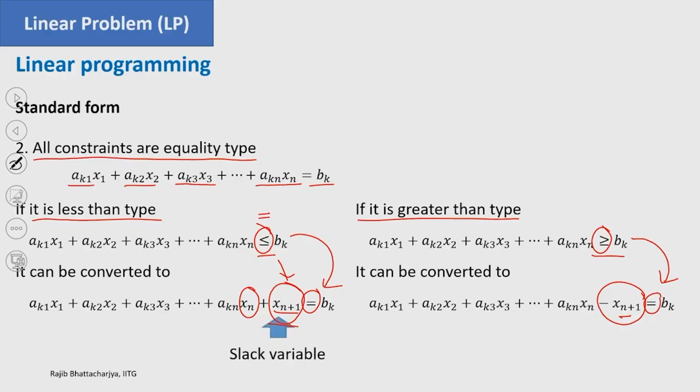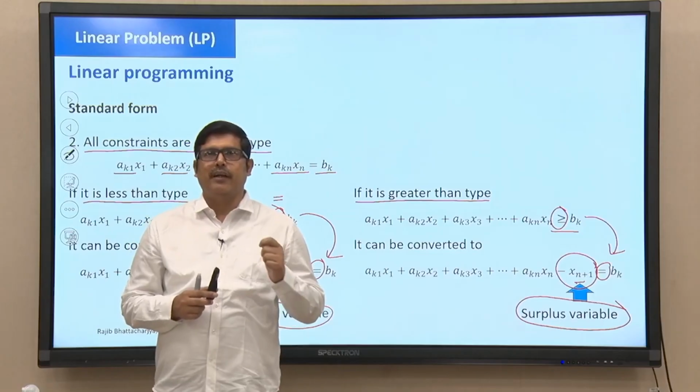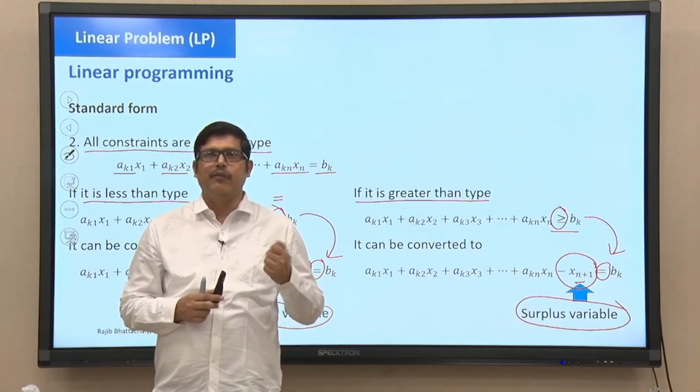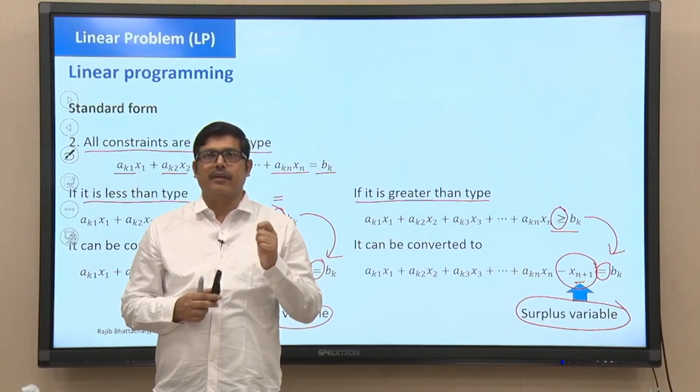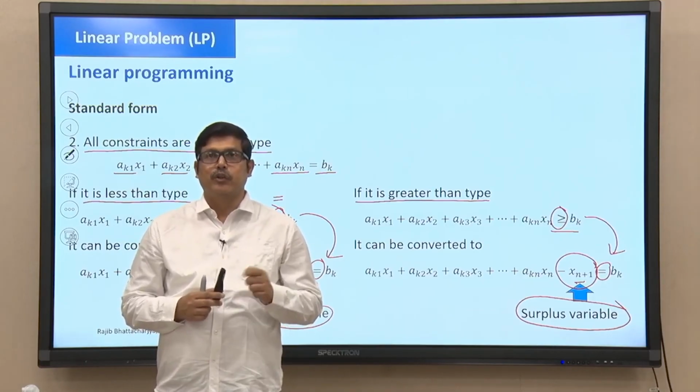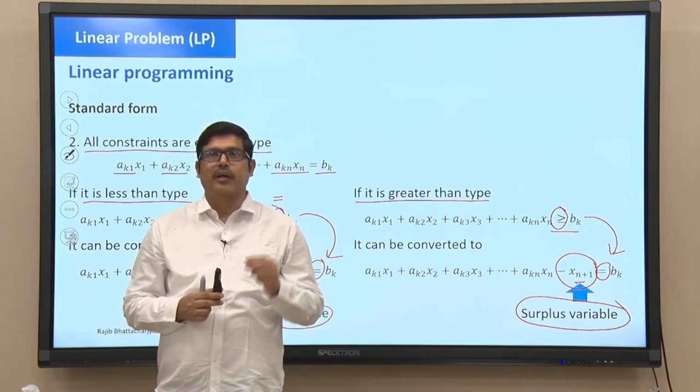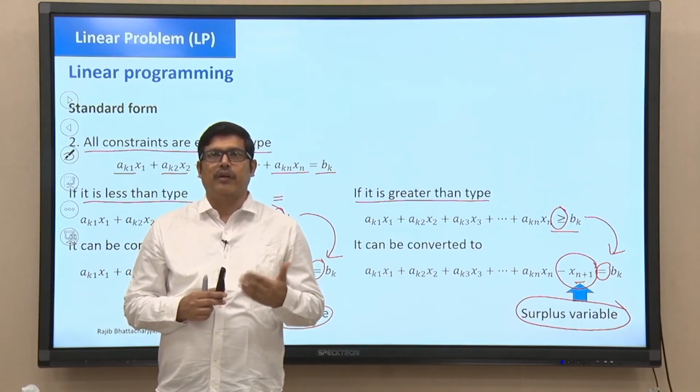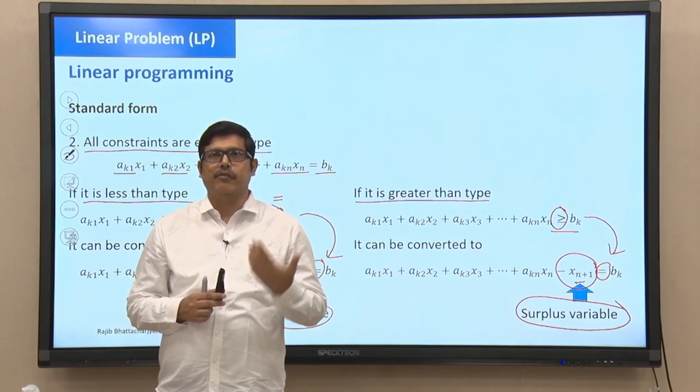When you are adding a variable, it is known as a slack variable, and when you are subtracting a variable, it is known as a surplus variable.